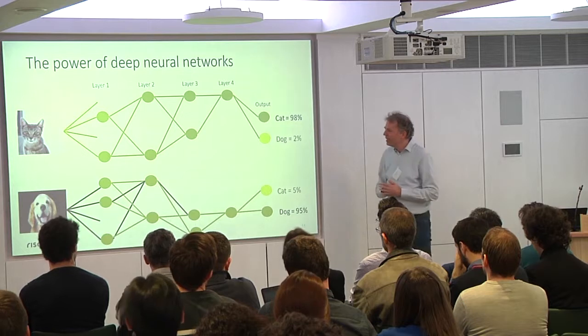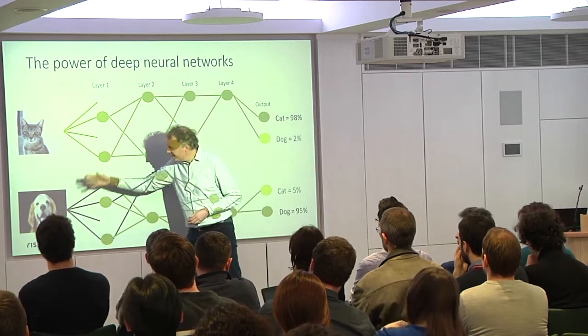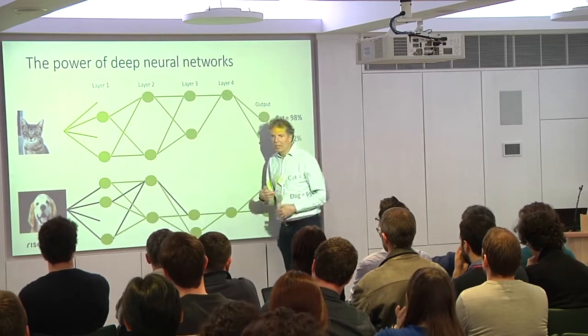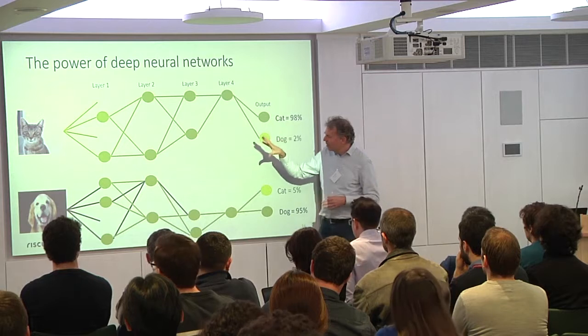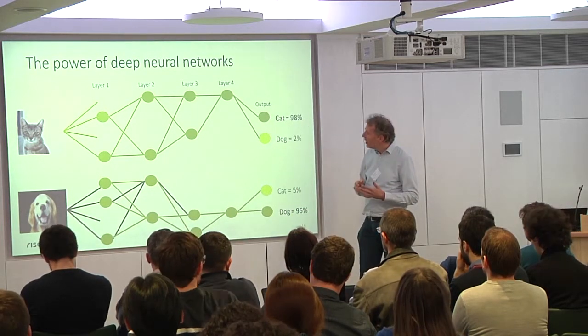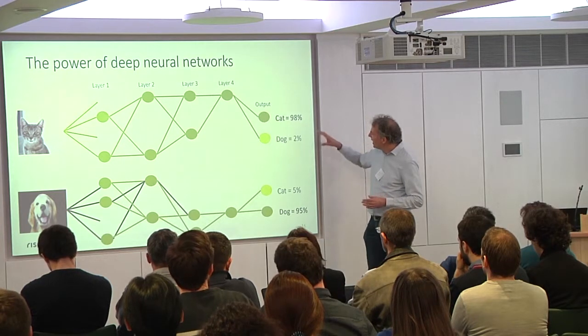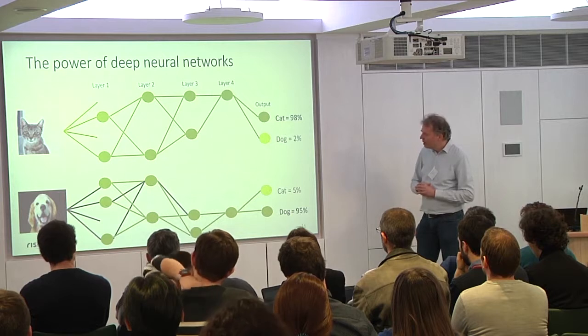So you're using the training data. Typically you would label them. So you would say this is a cat, that's a dog. And you would be looking at thousands of pictures. And the network is gradually training itself, becoming more and more capable, ultimately being able to make reasonable predictions of the animal we're looking at.